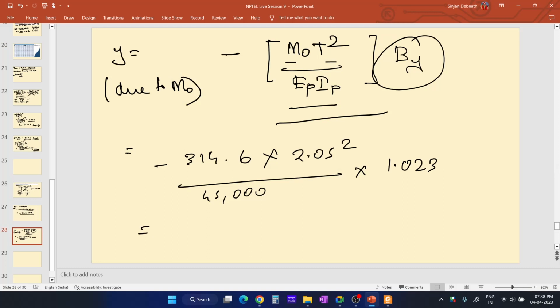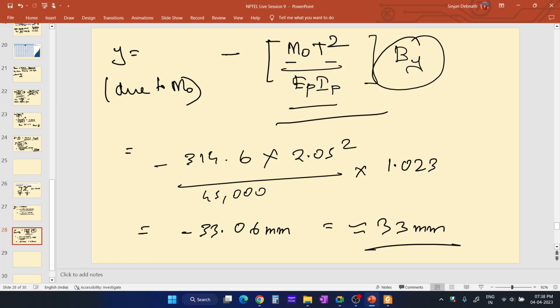Now, if you calculate this, you will get the value of y. The value of y comes out to be around 33.06 millimeter. This is due to the counteracting moment, in the opposite direction to that of the free-headed deflection. So it is around 33 millimeter.